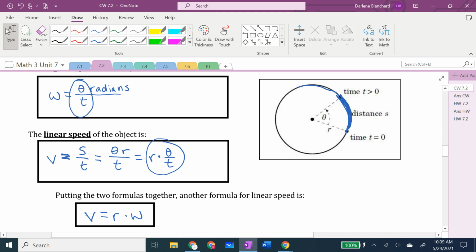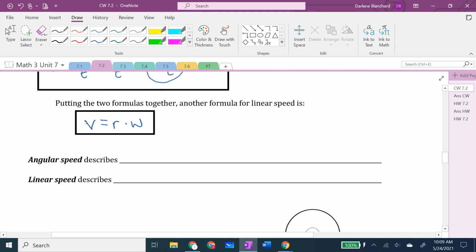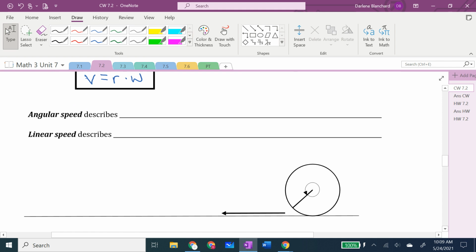Make sure you have those formulas down, and then we're going to take a look at some examples. Oh, first I was going to make sure you were clear on angular speed.